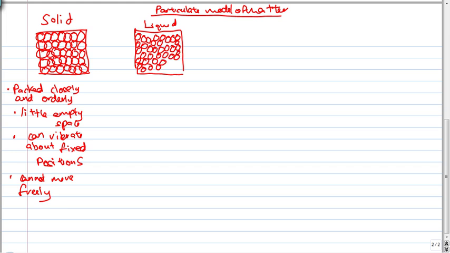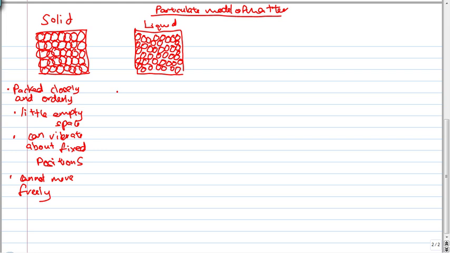Particles are still close together, but they're not very orderly. By the way, the size of the particles should be the same, so this is not a very reliable drawing because I'm drawing it freehand.